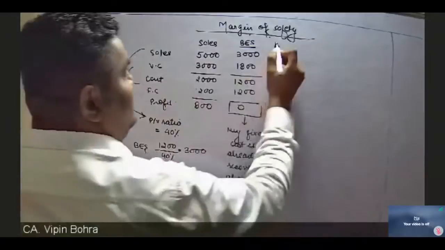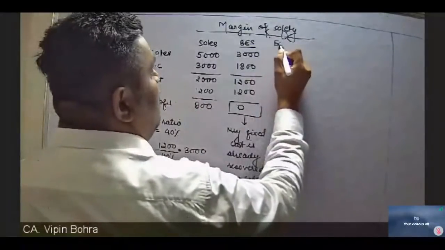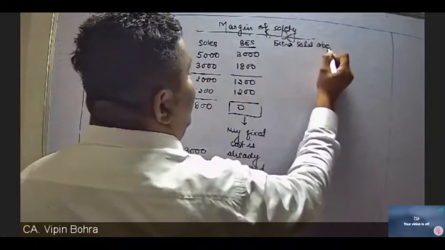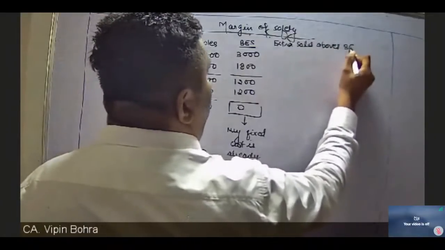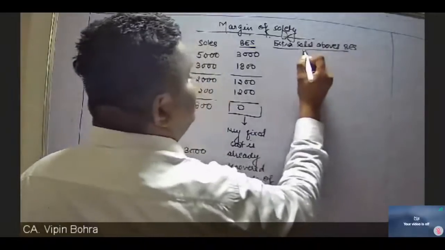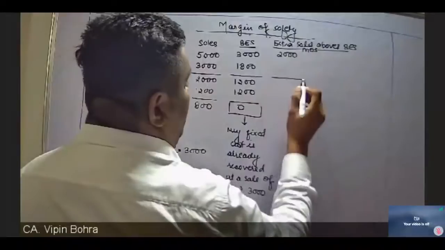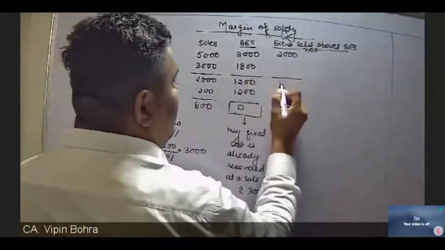Now my extra sales above break-even sales, that is my margin of safety sales, is 2,000. 2,000 into 40%, 800.